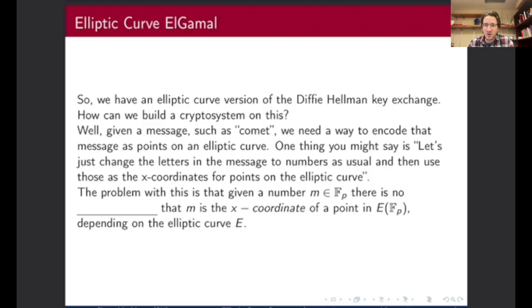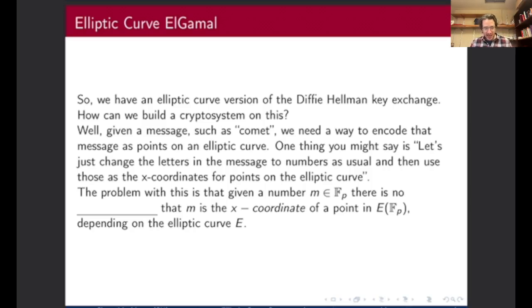Okay, with elliptic curves, we're not going to do this blocking thing because elliptic curves are a little bit weird. One thing you might say is, well, let's try changing every letter to a number and then just using every number that we get as the x coordinate of a point on the elliptic curve E of FP.